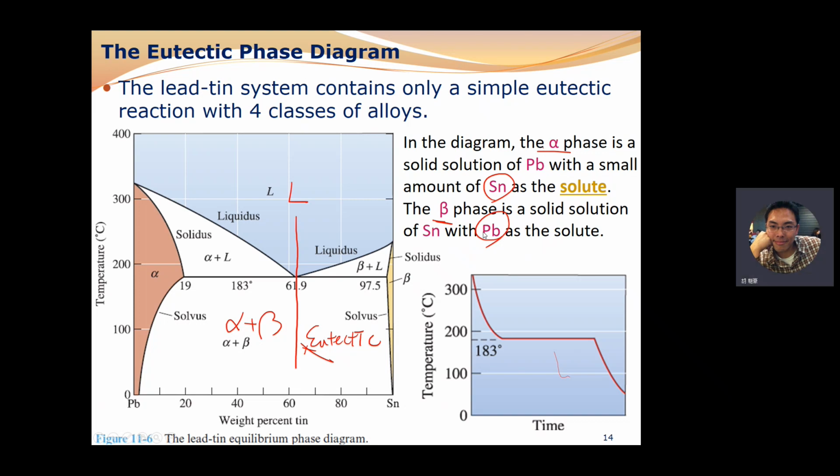When you heat it up to maybe 300 Celsius and cool down to reach 183 Celsius, the dispersion strengthening will be provided by the precipitates. Okay.